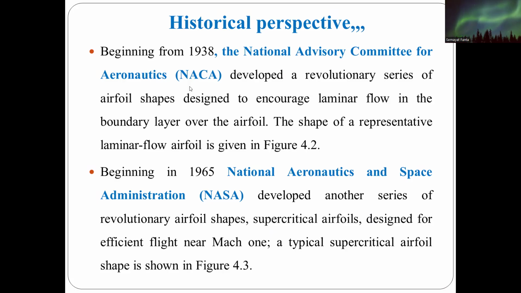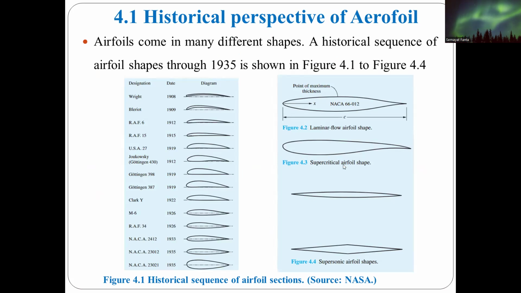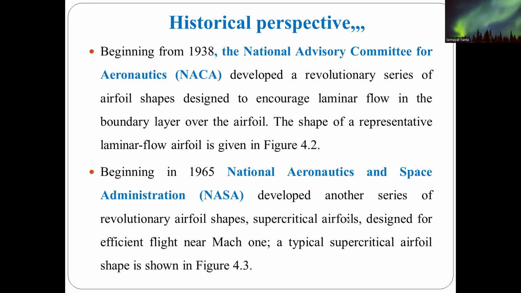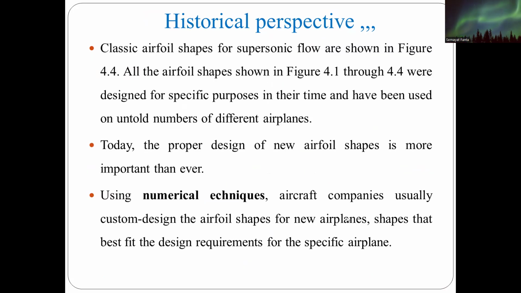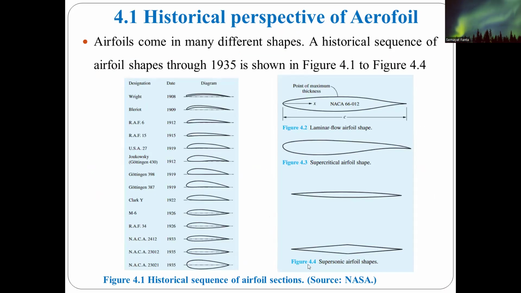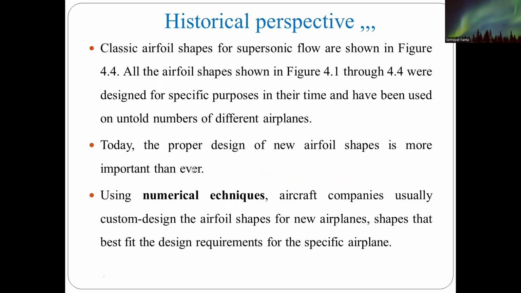A typical supercritical aerofoil shape is already given in the previous slide. So the classic aerofoil shapes for supersonic flow are given here. All these aerofoil shapes are already present in the first slide.